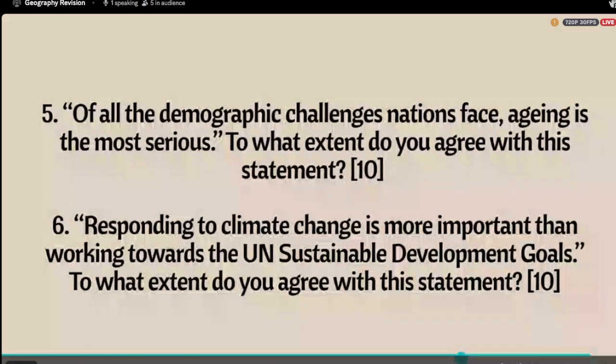So if you really like climate questions, look back at your case studies for them. Make sure that you have enough, especially when it comes to areas vulnerable to climate-based disasters. I think it's really important.